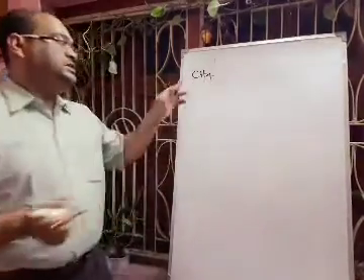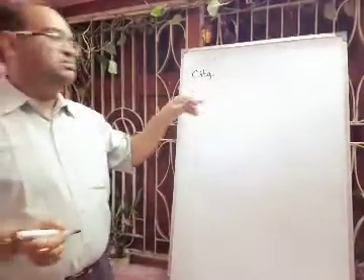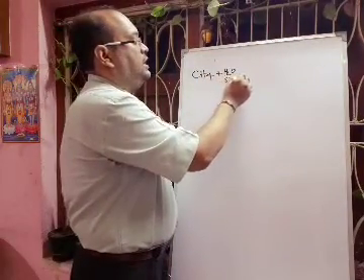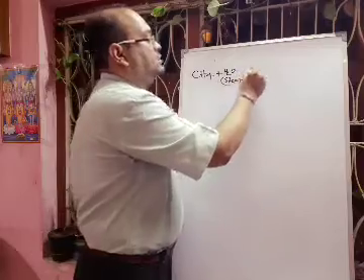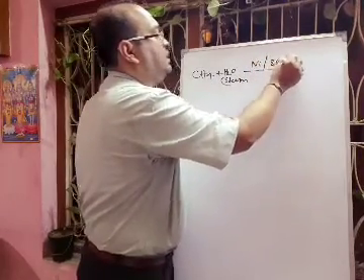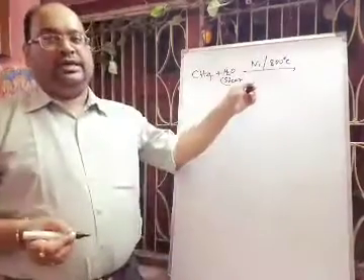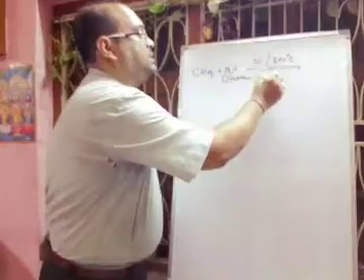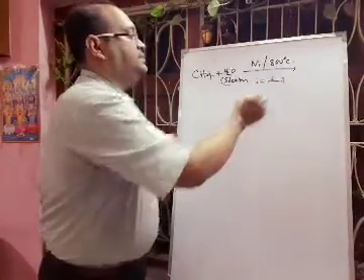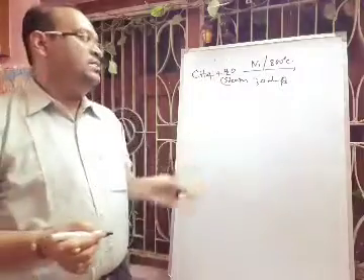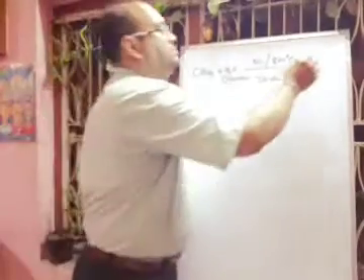To CH4 you have to add some steam, and here you use a nickel catalyst. The temperature required is around 800 degrees centigrade, and the pressure will be around 30 atmospheres. Then it will produce a mixture of carbon monoxide and hydrogen.